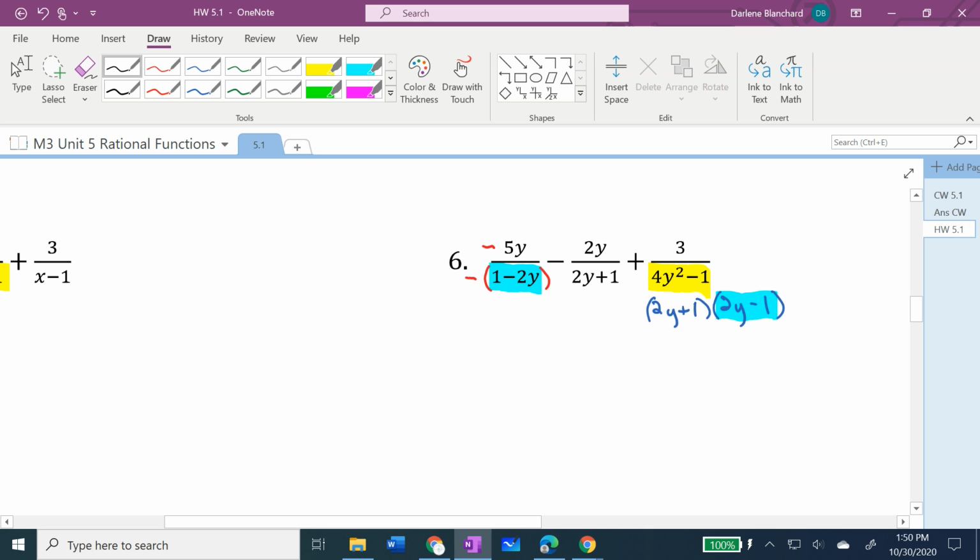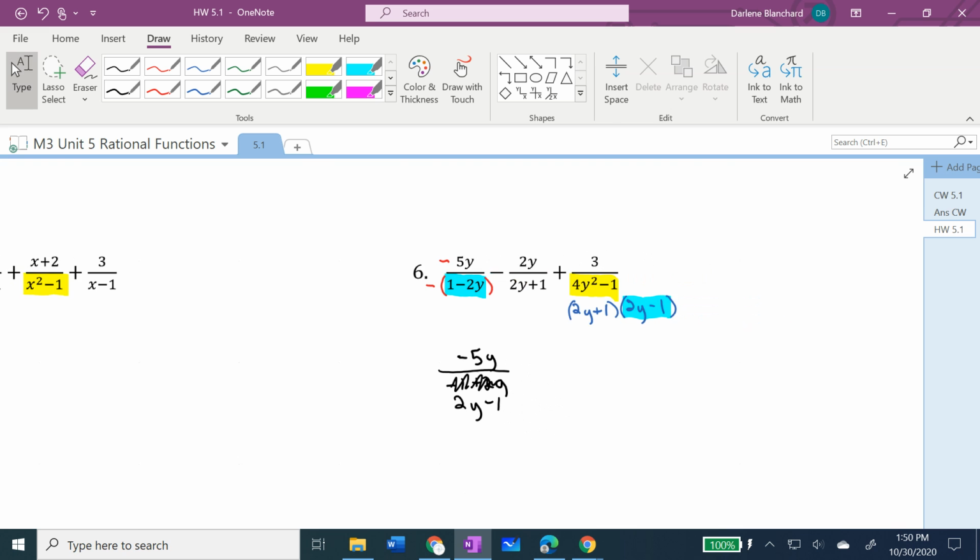So the fraction on the left is negative 5y over, and if I distribute that negative sign through, do you see that that is the same thing as 2y minus 1? And now you're going to have a lot less time to worry about that problem. But I'll let you finish it.